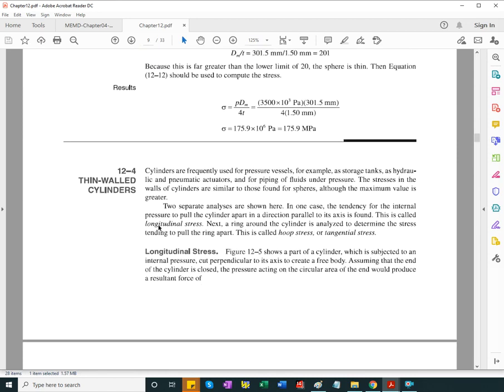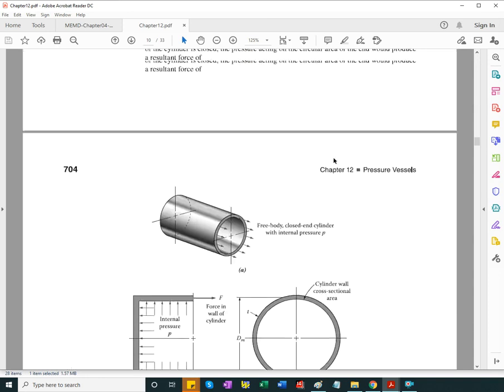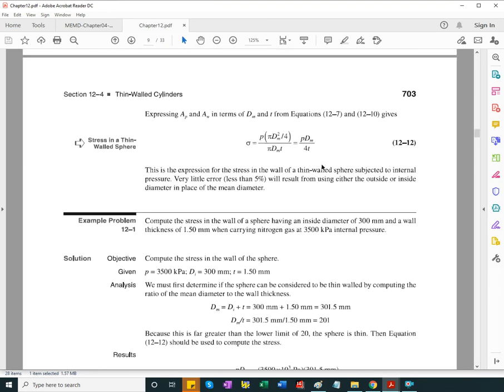For a thin wall cylinder, things are a little bit different because we have a difference between longitudinal geometry and transverse geometry. For longitudinal geometry, the analysis is the same as for the sphere, no matter how the cylinder ends, whatever shape, it will be just a projected area, and the longitudinal stress will be the same as the tangential stress in a sphere.